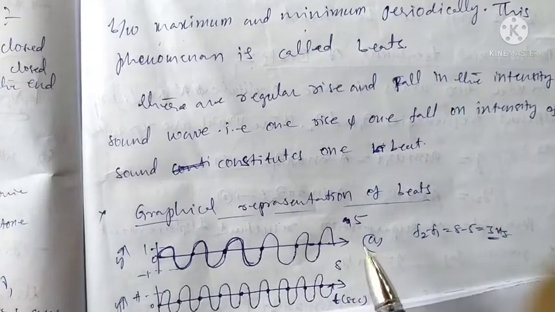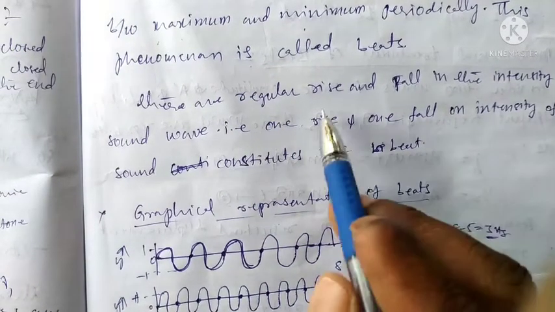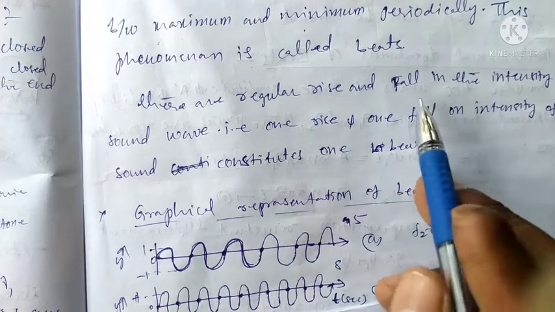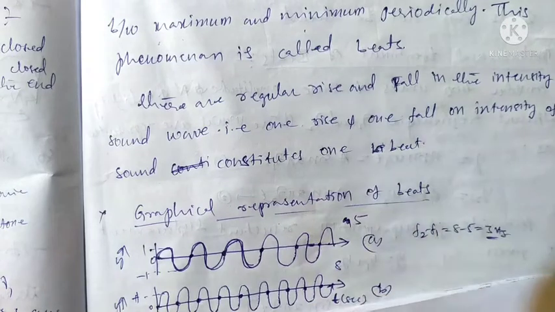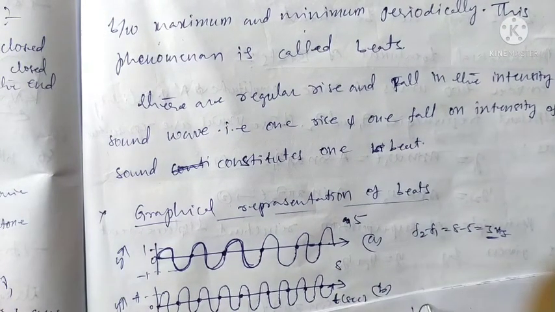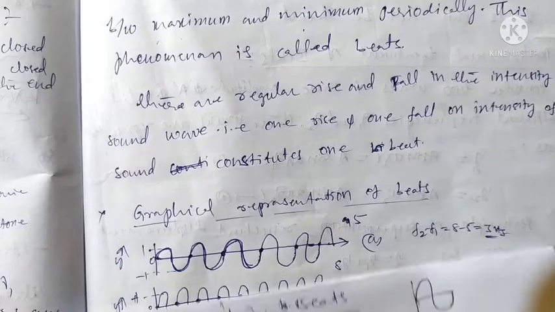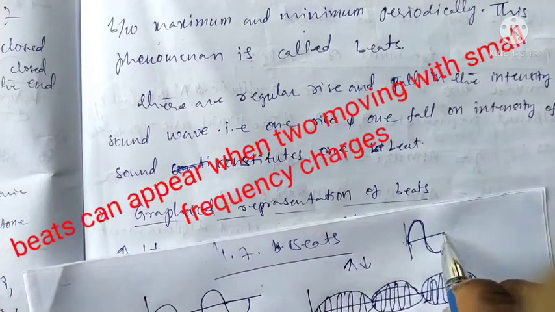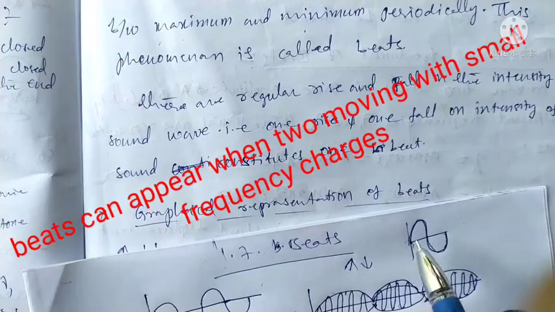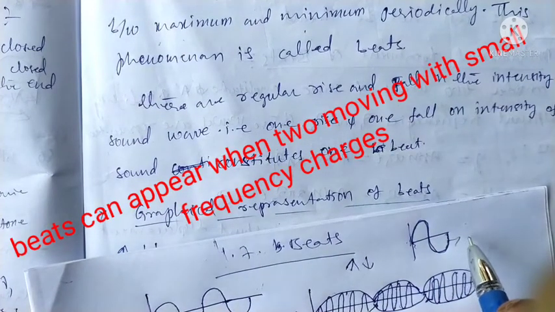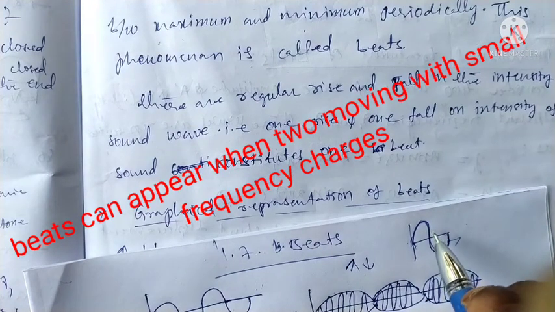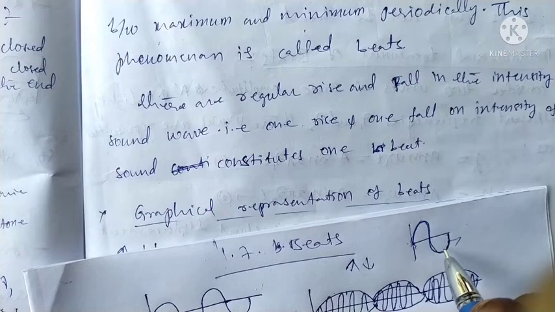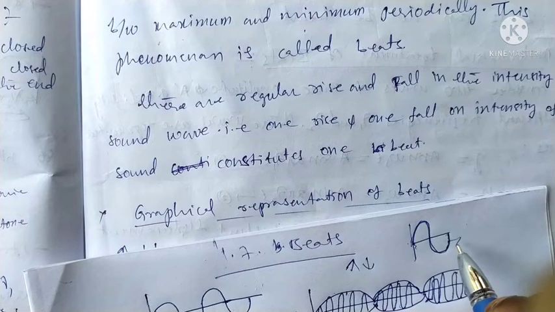Here there are regular rises, meaning increasing intensity of the sound wave and decreasing intensity of the sound wave. One beat consists of one maximum amplitude, or maximum intensity, and one minimum intensity of the wave.